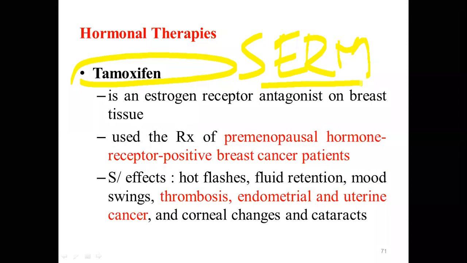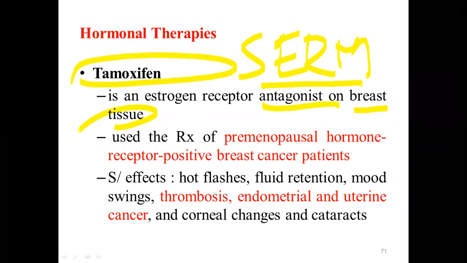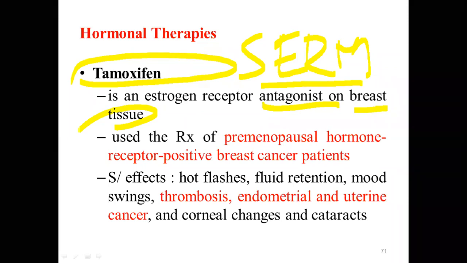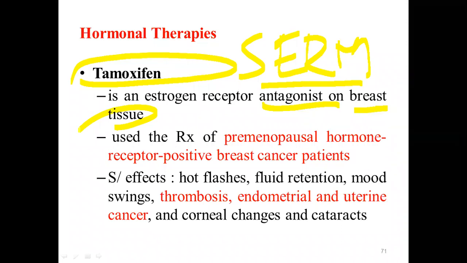I think it is the only drug in managing breast cancer, because it is the most effective antagonist of estrogen on the breast tissues as compared to the other selective estrogen receptor modulators. Why are they called modulators? Because they are antagonists on the breast tissues, but agonists in the other tissues. On the bone and in the uterus, in the endometrial tissues, and even other sites, it has an agonist effect. That means it actually has an estrogenic effect. But in the breast tissues, it normally has an antagonistic effect.